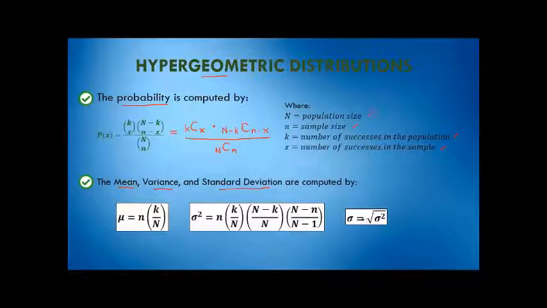And then of course, standard deviation is the square root of the variance. Let's proceed to examples of hypergeometric distributions.